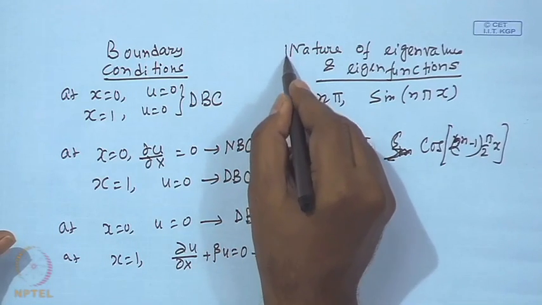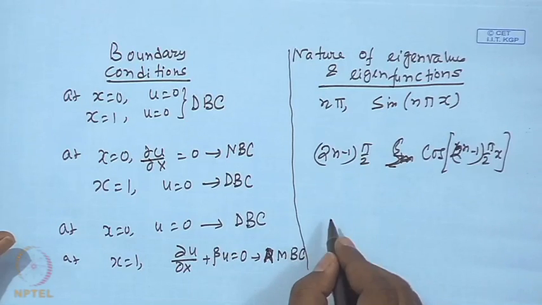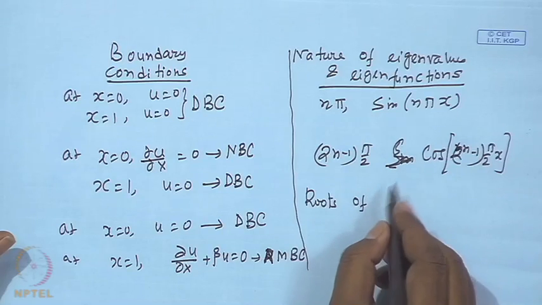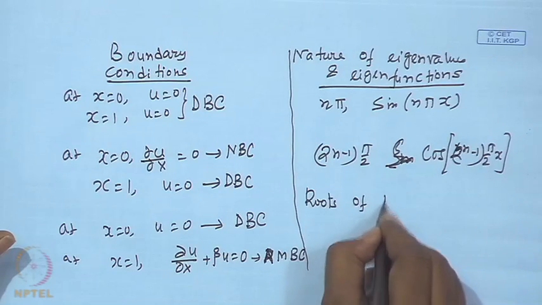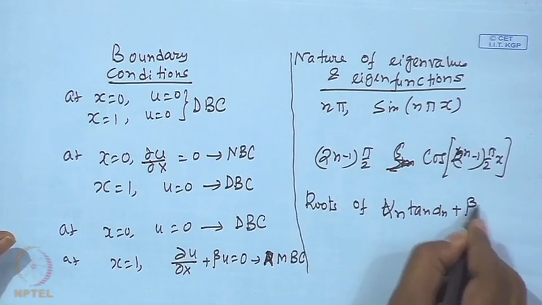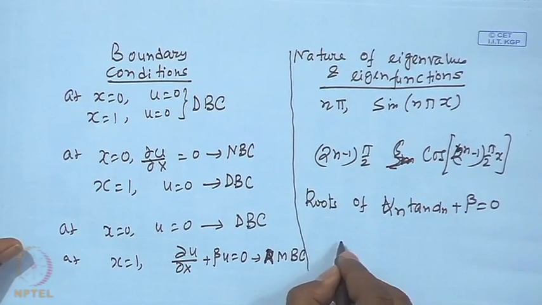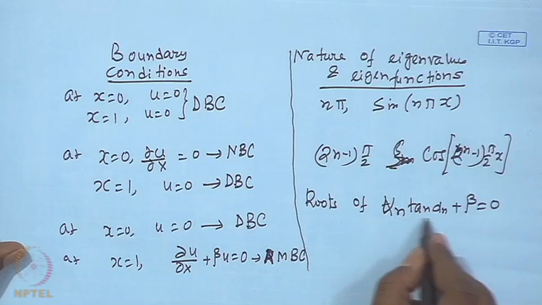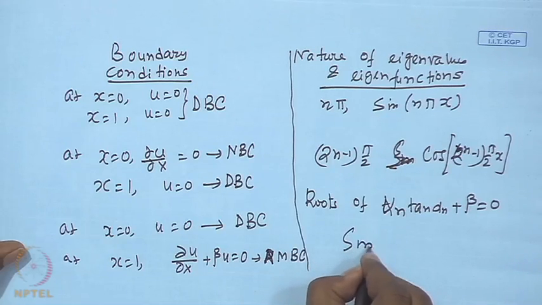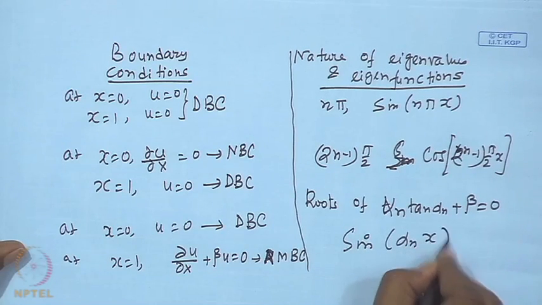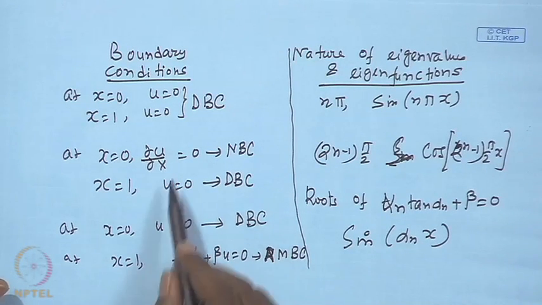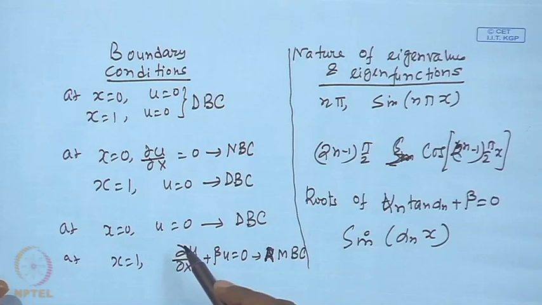Then the eigenvalues are the roots of the transcendental equation alpha n tan alpha n plus beta equal to 0, and the eigenfunctions are sin alpha n x.